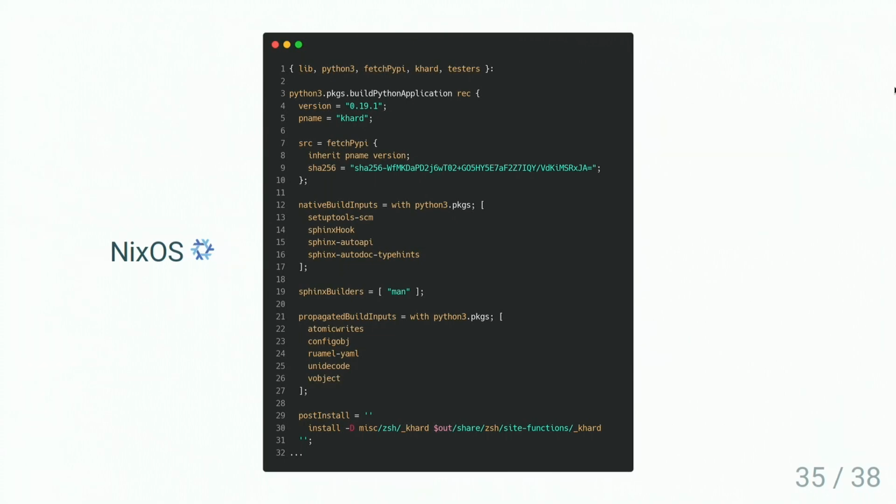It will bring the machine up to what we have described in the configuration. We can copy the same configuration over to another machine, and NixOS will do the rest. That is very powerful, and it's a very different approach. They have their own language to define this configuration, and also this is a package. As you can see, we have the post install with the install command, and I think it's also worth having a look at this.